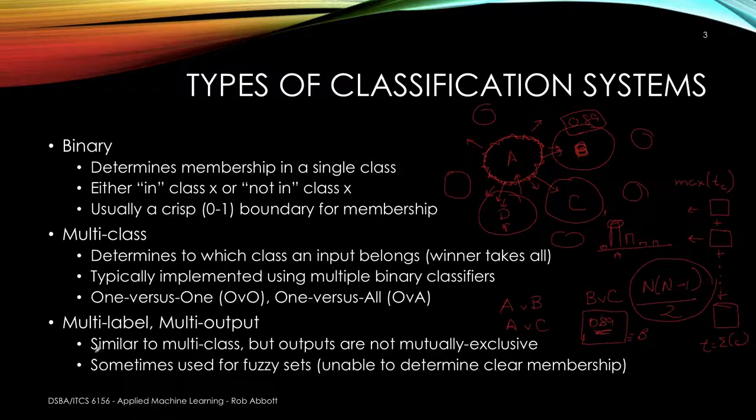So another type that I have to work with are multi-label, multi-output type classifiers. These are similar to multi-class, but the outputs are not mutually exclusive. So there are some cases here where I can classify a person.